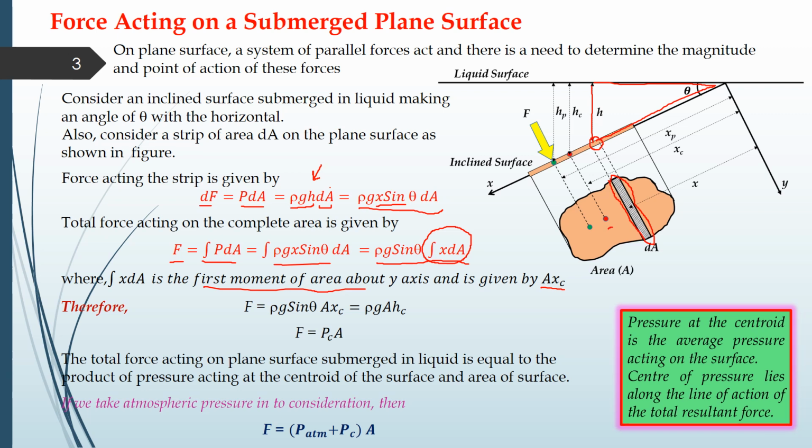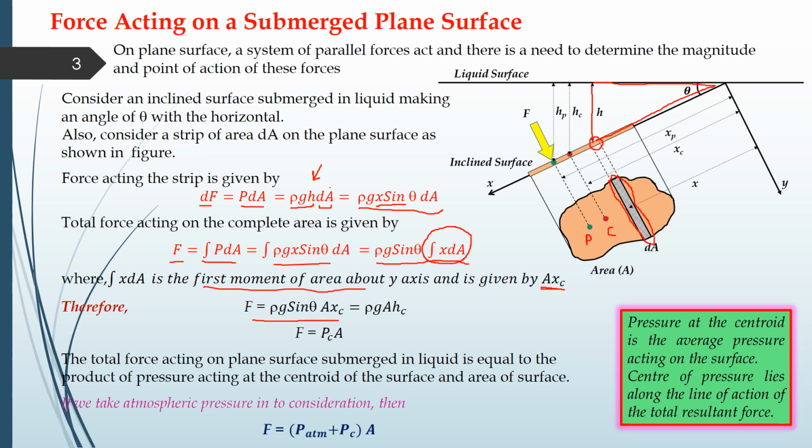We can write C as the centroid of the area, which is shown over here, and this is basically P, or the center of pressure of this particular surface. So it can be given by A into xc. We put this value in and get F equal to rho g sine theta into A into xc. Again we can convert it in terms of hc, because we want to find the force in terms of pressure.